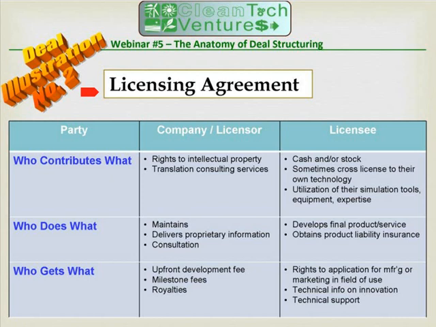Starting on the left with the parties, usually you have a licensor and a licensee, the innovation company being the one who is going to make a grant of intellectual property rights to the licensee, and that is how the agreement is classically framed, as a legal instrument where you're transferring a portion of the title or ownership rights in an innovation over to a company who is then going to take that innovation at whatever stage in the product life cycle you're at and will then continue to work with that to bring it to market.